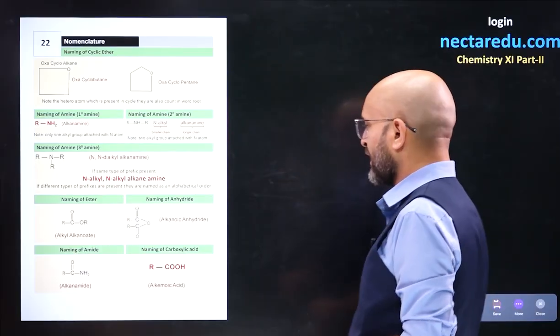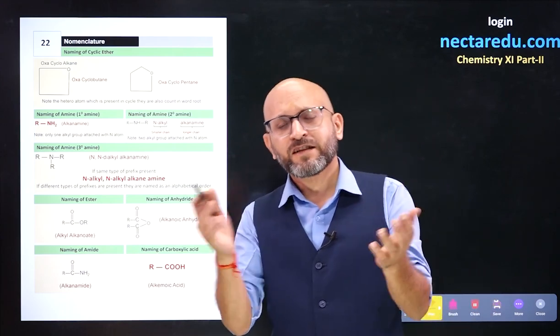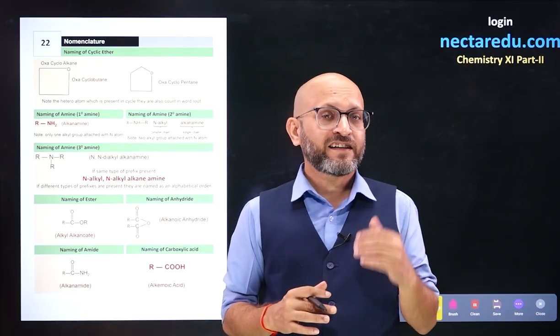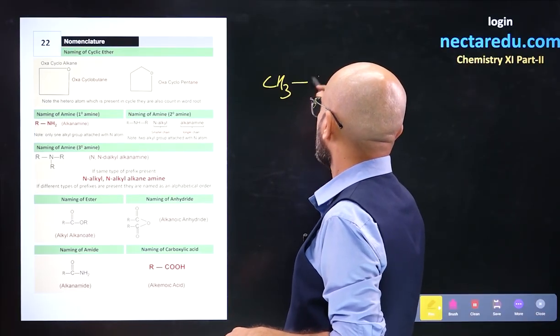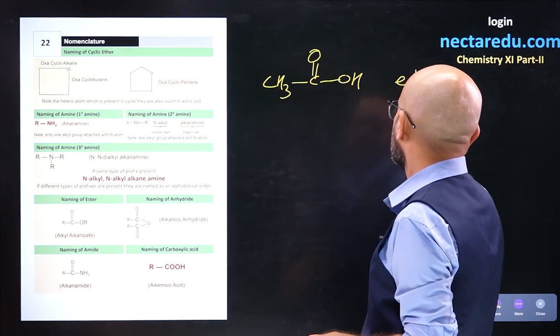Next, we have anhydrides. Anhydrides have a simple naming system. Just understand which acid anhydride this is. For example, if we have a 2 carbon carboxylic acid, you know this is ethanoic acid.